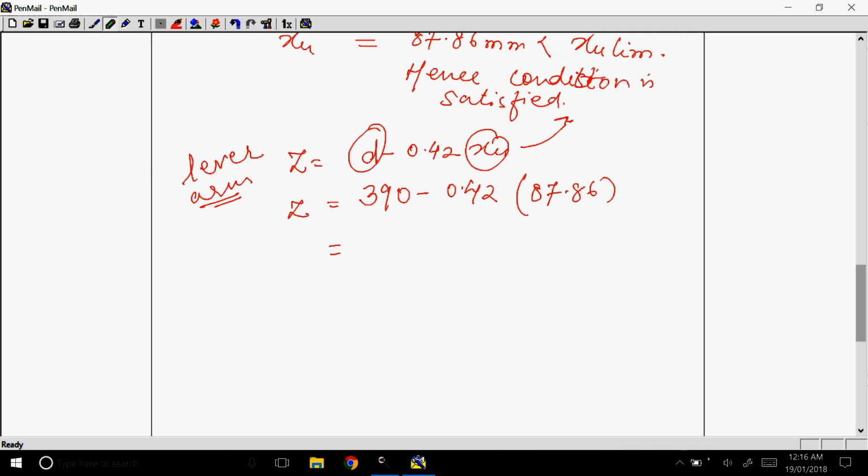So we have our lever arm, which is equal to 353.45 mm. Now we need to calculate the moment of resistance.